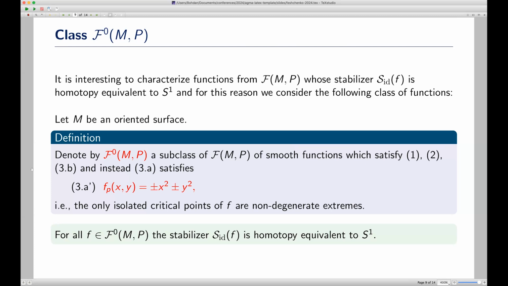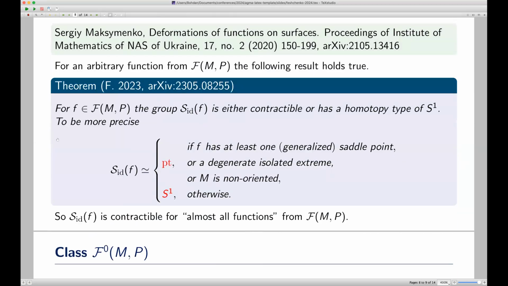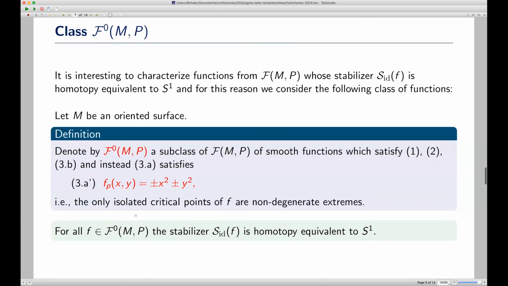So the only isolated critical points of a function f are Morse. And due to this theorem, the stabilizer is homotopy equivalent to a circle for all functions from this class.